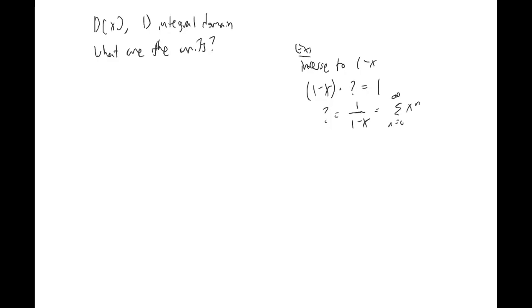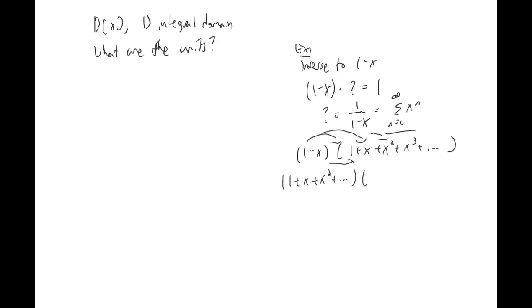Because if I multiply 1 minus x by this thing, it's just 1 plus x squared plus x cubed, infinitely many times, right? So if you just think about it, if I just FOIL the 1 on everything, what do I get? I just get this, right? Now, what happens if I FOIL the x? x times 1 is x, right?